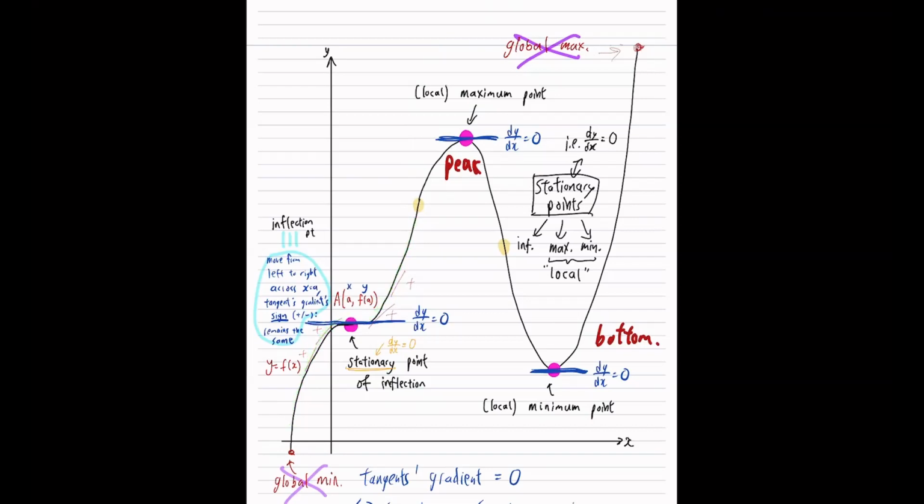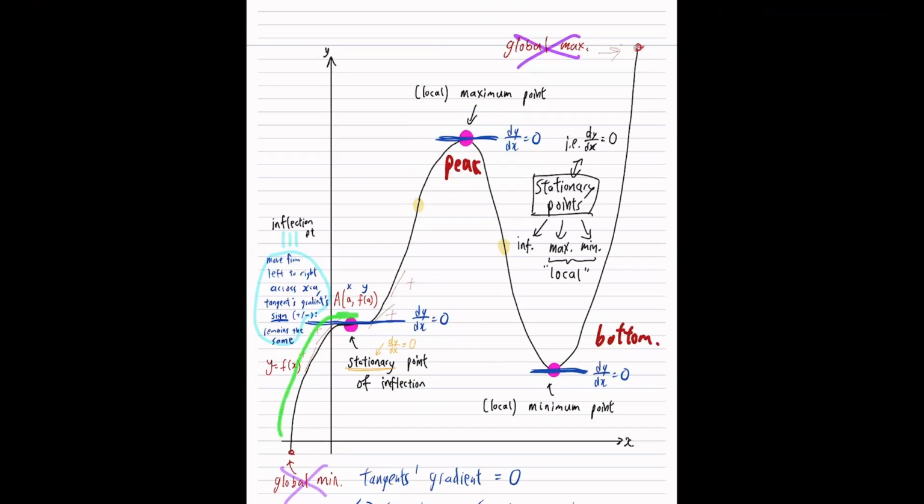But if it just so happens the point where you change has a tangent line with a gradient of 0, we call this a stationary point of inflection. Is that clear? Likewise, these 2 other points are also under the family of stationary points. Stationary means that dy by dx equals 0. You can imagine on a roller coaster, you go up, and then at the horizontal part, for a brief moment in time, you are stationary.